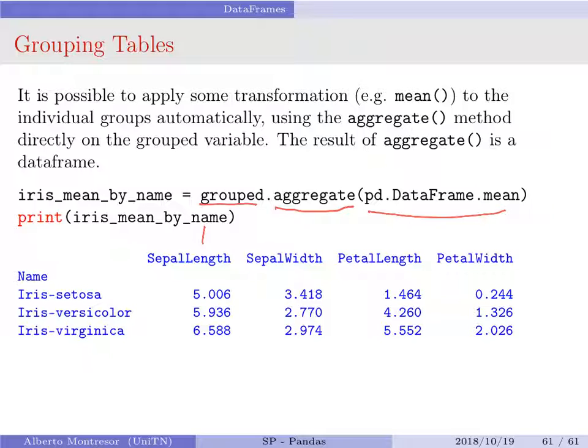And so you compute the mean of sepal length, the mean of sepal width, the mean of petal length, petal width, over each of the groups which are here. And the groups are identified by their names. So what you get in an operation like this is the mean on all the potential values of interest in all the rows.